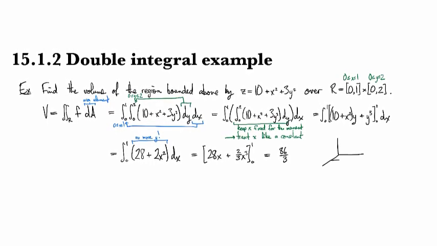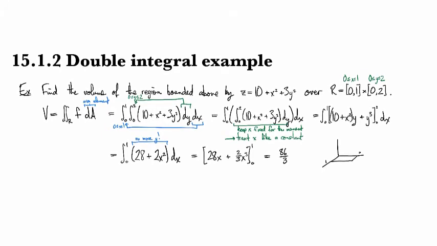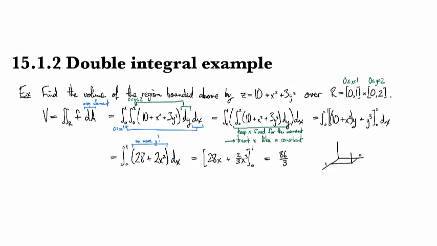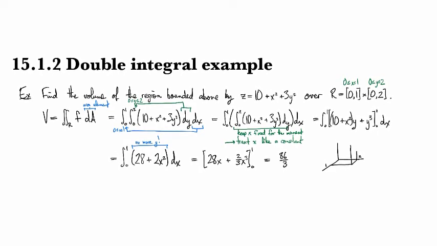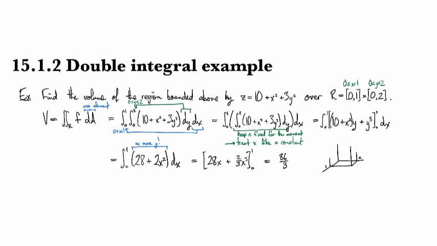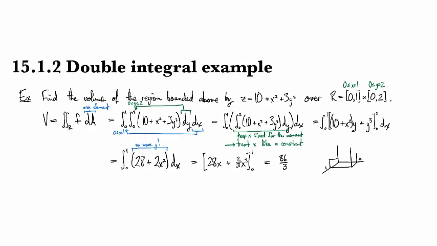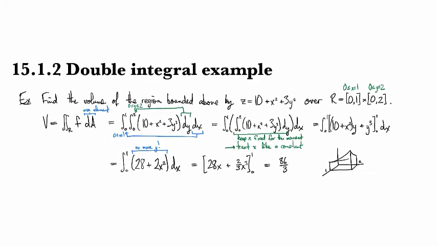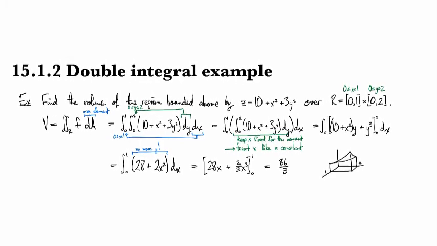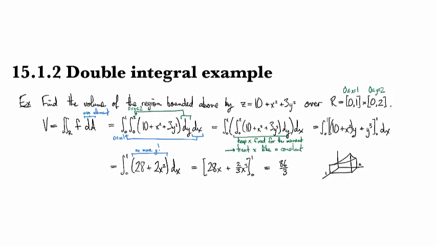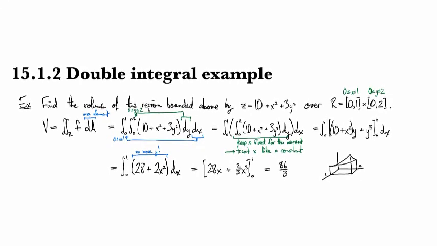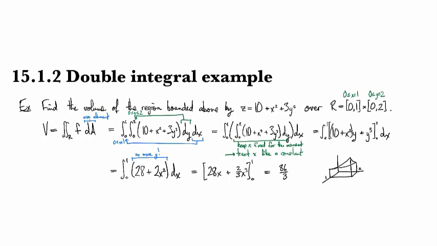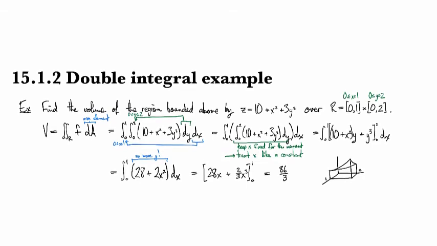Okay, and so the picture that goes along with this is that we're on this rectangle here, 0 to 1 and 0 to 2. And then we've got a function, and it actually looks something a little bit like this. If I've drawn it right, something like that. And the first thing that we did is look at what was going on for a particular y value.